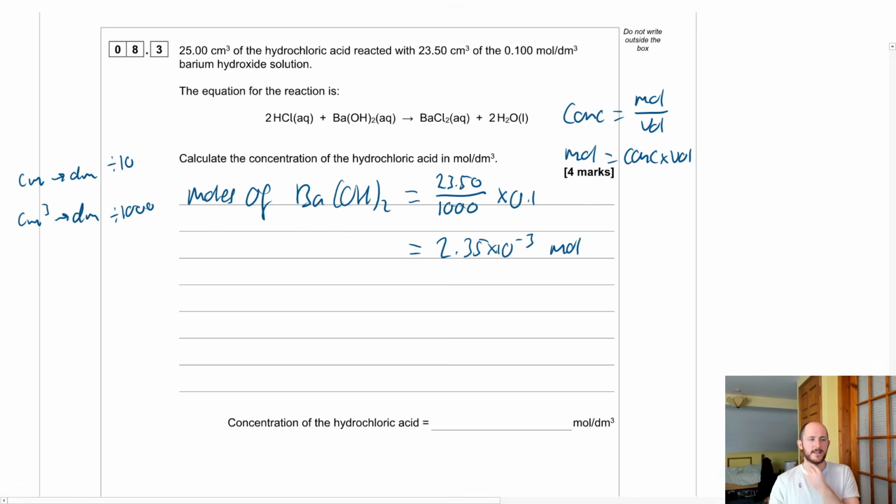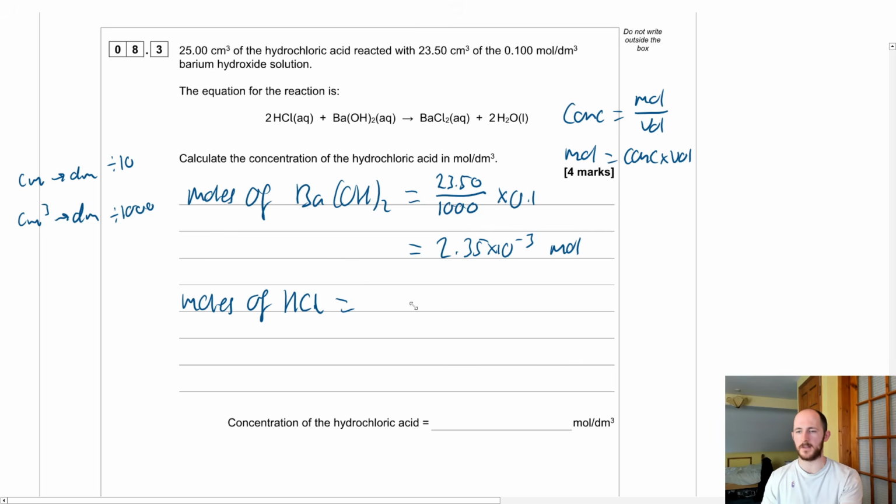Moles, perfect. We also want to work out the moles of HCl. We do the exact same calculation, but... hang on, no, actually, because we don't have the concentration.